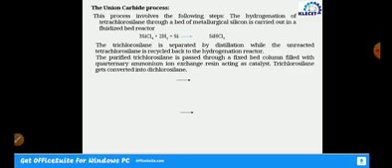Then the trichlorosilane is purified by fractional distillation and passed through a fixed bed column filled with quaternary ammonium ion exchange resin, which acts as a catalyst, where the trichlorosilane is converted into dichlorosilane.